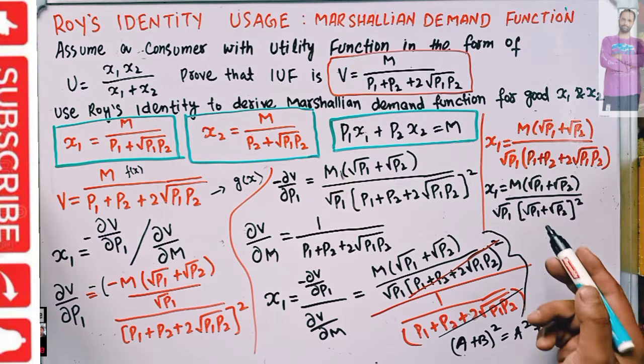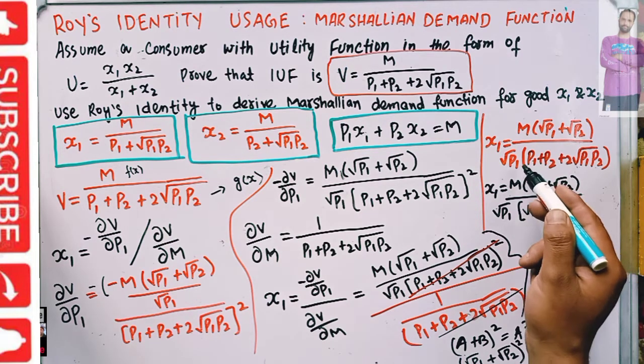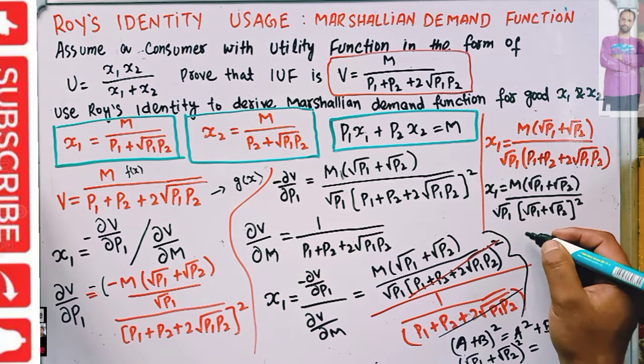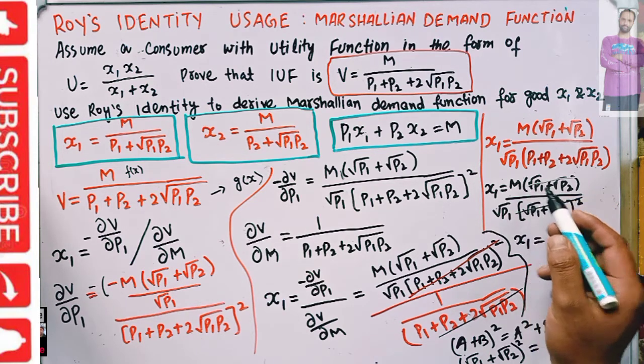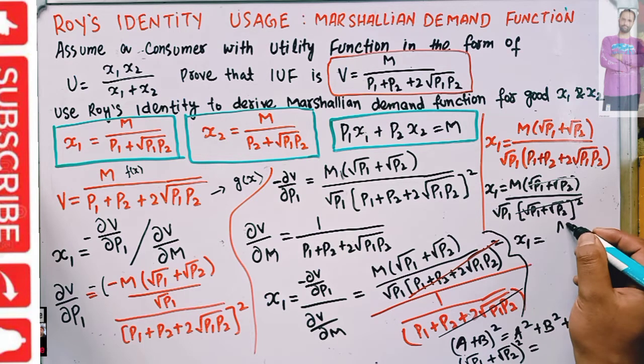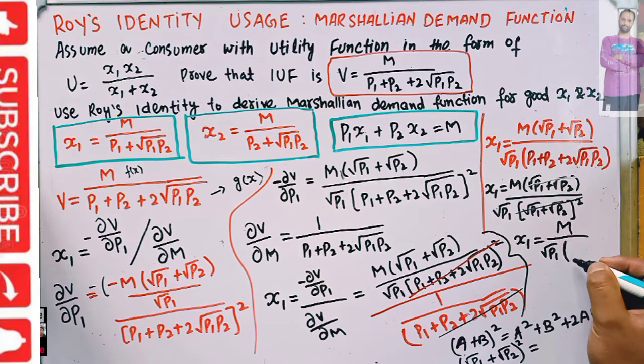In place of a I have written under root p1, in place of b I have written under root p2, and you can see it will be equal to these terms here. That means our x1 will be equal to, so one term will get cancelled, we are left with m upon under root p1 into p1 plus p2.